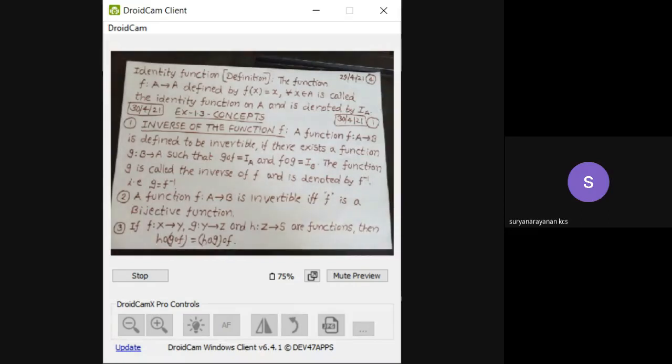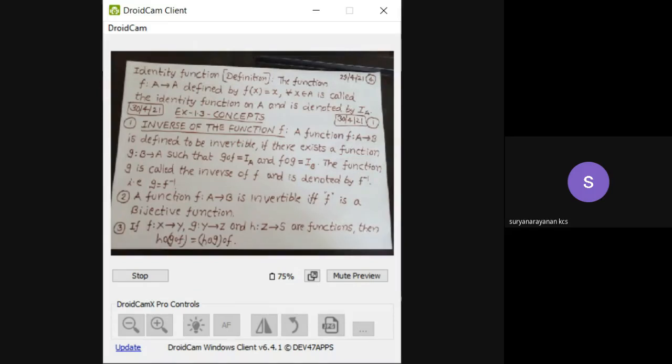Okay, let us recall the previous knowledge. In the previous class we discussed the composite function of two functions. F and G are two functions. How do you denote the composite function of these two functions?